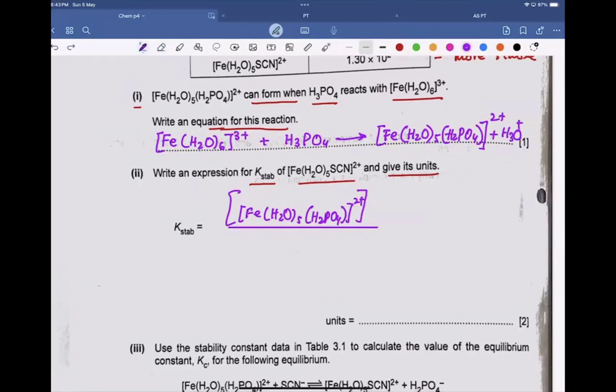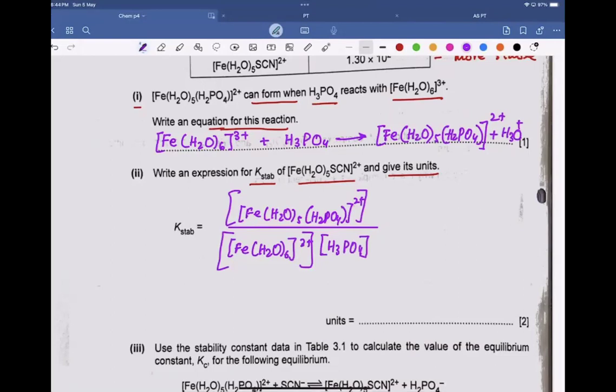Okay. Now, in the denominator, we are going to get this complex, the hexaaqua complex, [Fe(H2O)6]3+, enclosed in square brackets, times [H3PO4]. Now, each one has 1 mole, so there is no need to put any power.